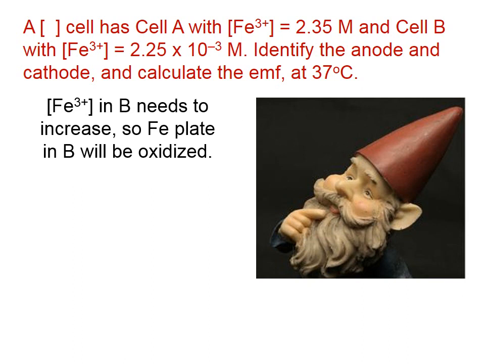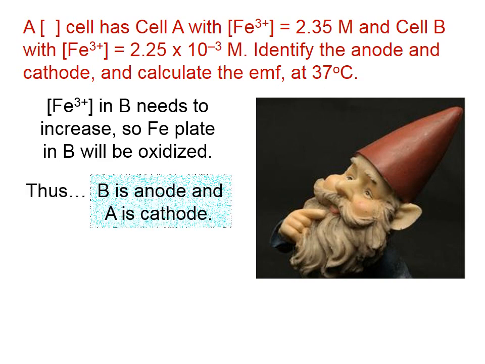That the iron 3 concentration in cell B needs to increase, because it's much lower than the iron 3 concentration in cell A. Therefore, the iron plate in B needs to be oxidized, which means that B is going to be the anode, because that's where oxidation takes place, and bar A is going to be the cathode.